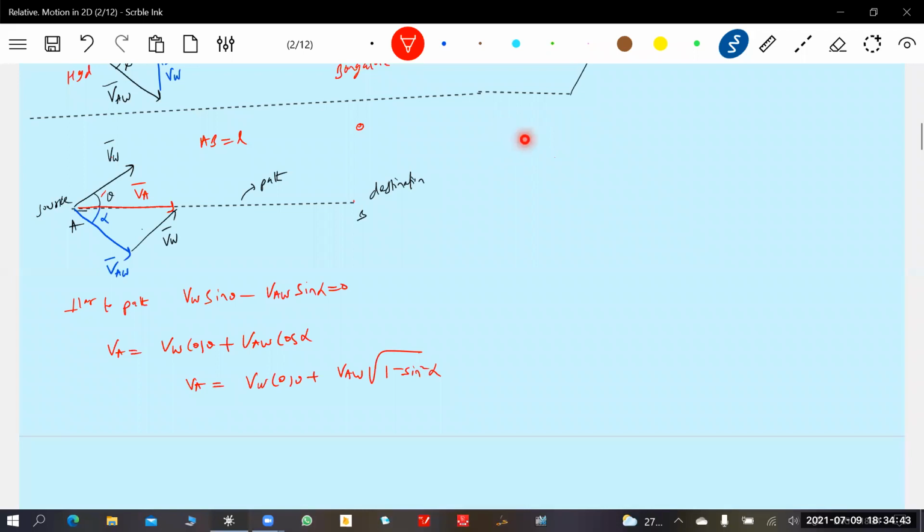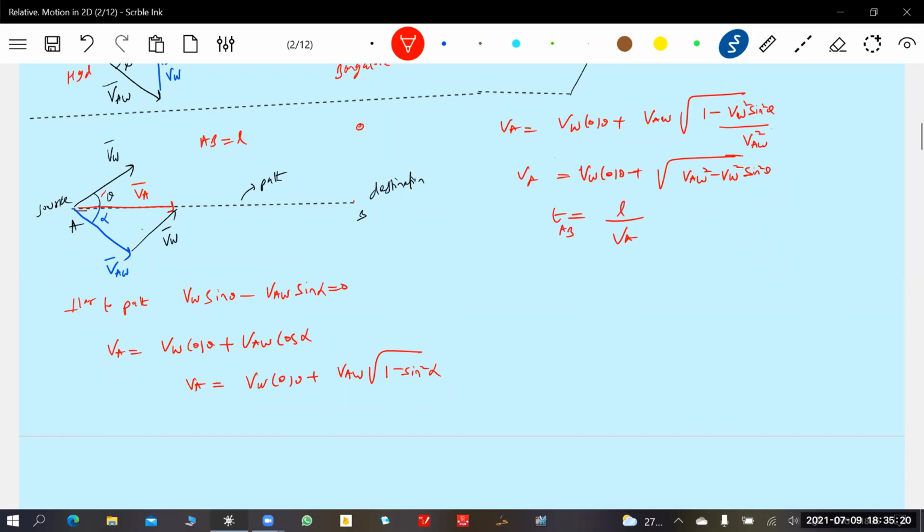One more step: VA equal to VW cos theta plus VAW cos alpha, with sin alpha substituted. Then the time taken to move from A to B, in terms of the known things: theta, VW, VAW.